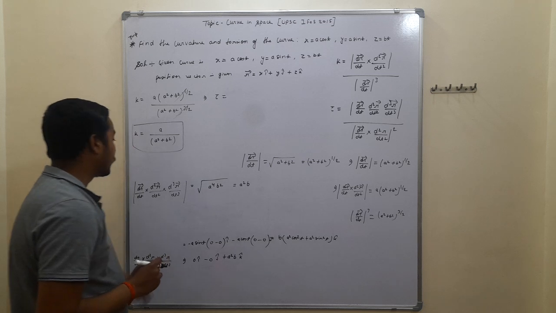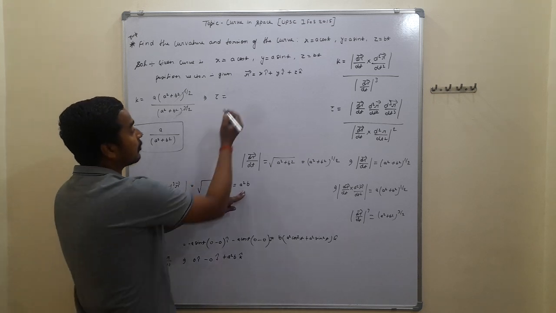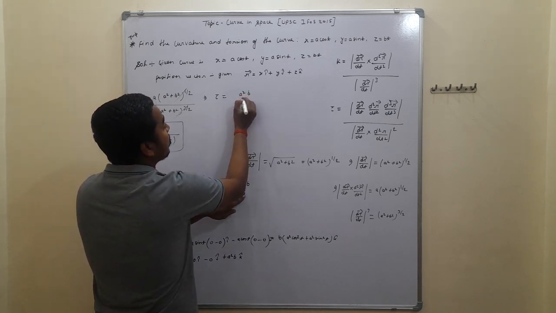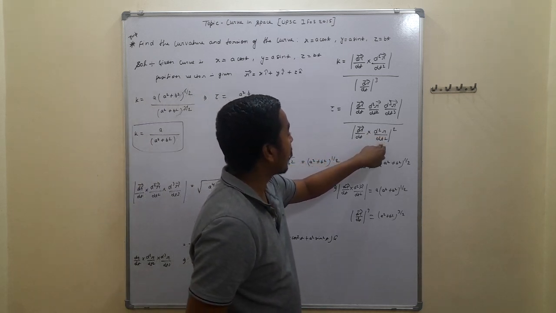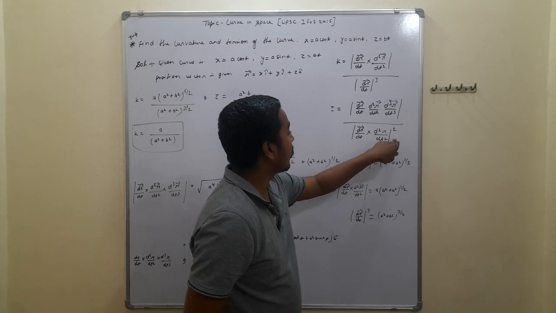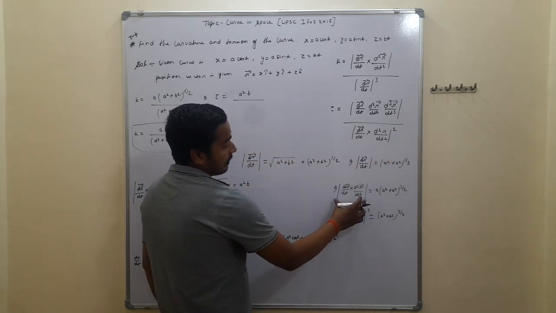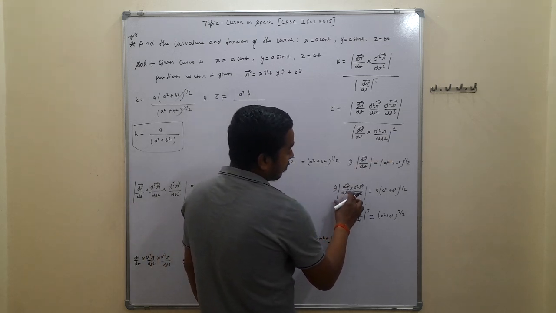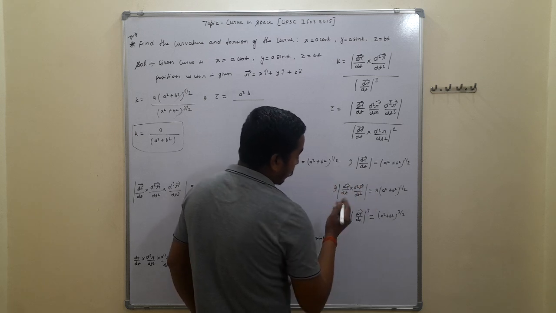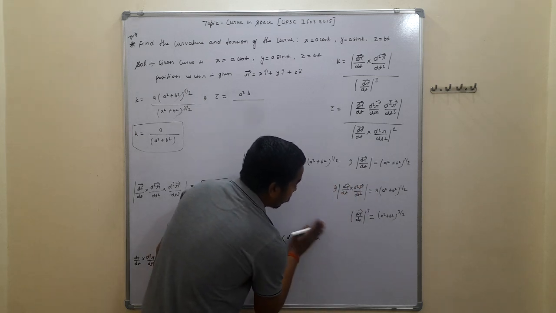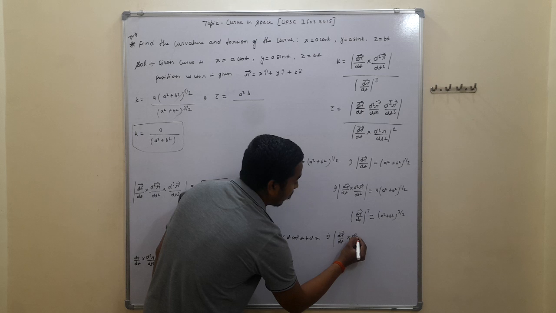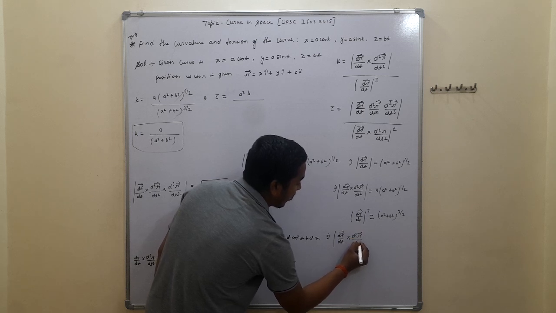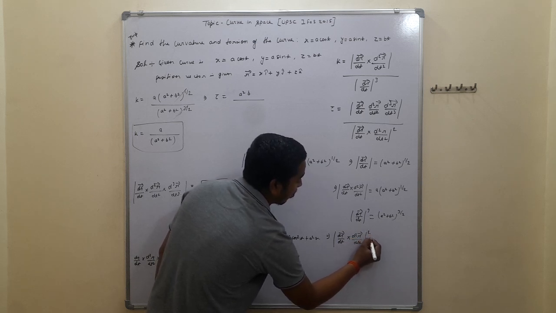We calculate here, we get a square b, upon the mod of dr upon dt into d2r upon dt square, whole squared. We have to find mod of dr upon dt into d2r upon dt square, whole square.